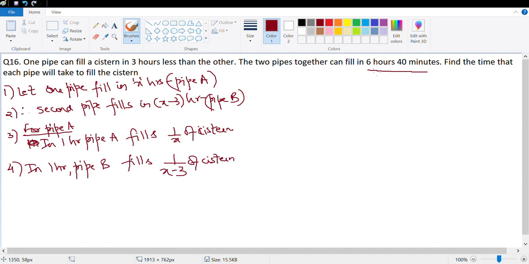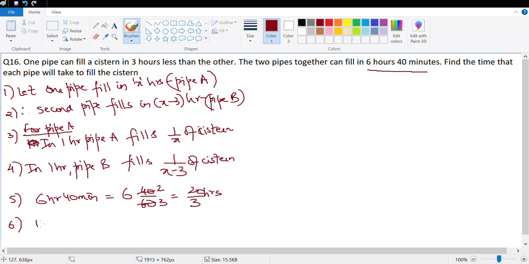Perfect. So in 1 hour, they fill 1 by x and 1 by x minus 3 of the cistern. Together, they can fill in 6 hours 40 minutes. So let's put 6 hours 40 minutes in hours itself. So 6 hours 40 minutes would be equal to 6 hours 40 upon 60. That's 2 upon 3, which means 20 upon 3 hours. Right, that's correct.